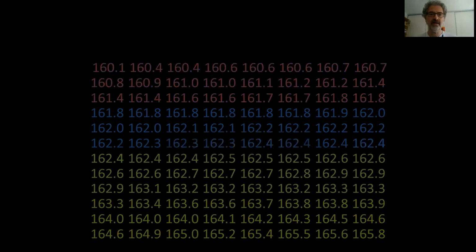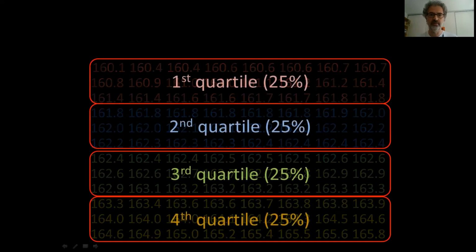And then we can divide each 1/2 into 2 halves so that we have 4 quarters or 4 quartiles. This is the 1/4 of our data, all the smallest values, another 1/4 of our data, another 1/4 of our data, and the final 1/4 of our data, the largest values. These are, remember, all sorted in order from smallest to largest. And therefore, this is called the first quartile, which has 25% of our data.